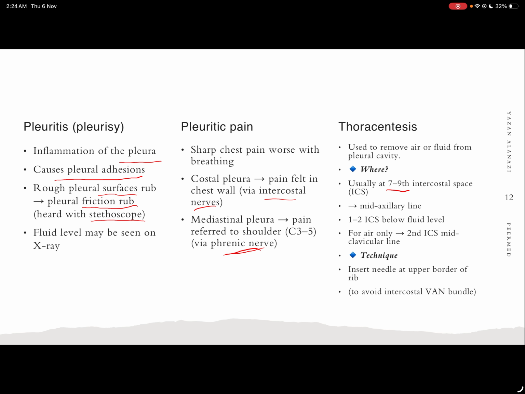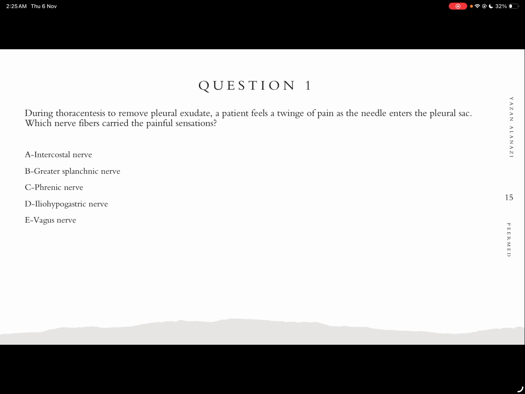Thoracentesis is done between the 7th and the 9th rib in the intercostal space. If we hear intercostal space, we can definitely link it to the intercostal nerve, isn't it? So our answer is the intercostal nerve.